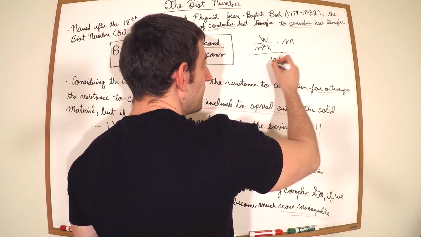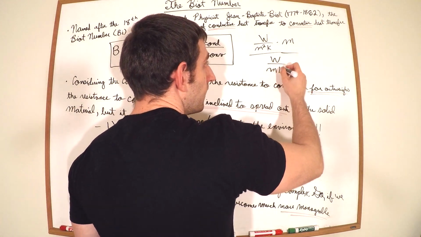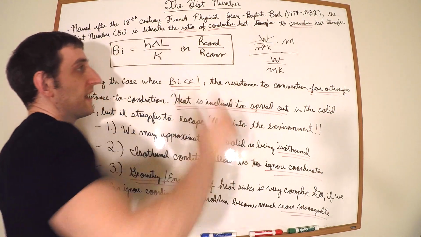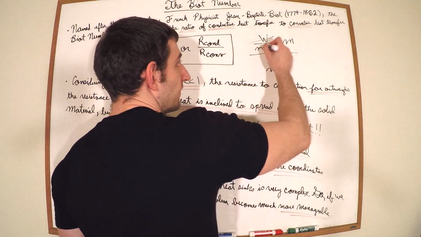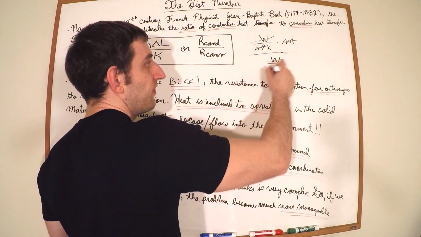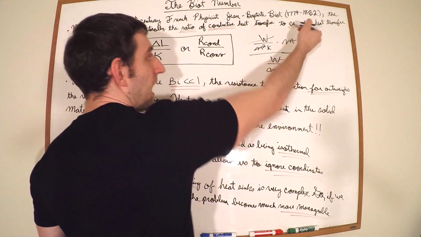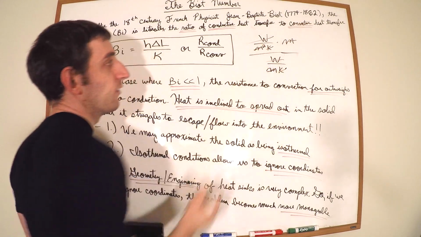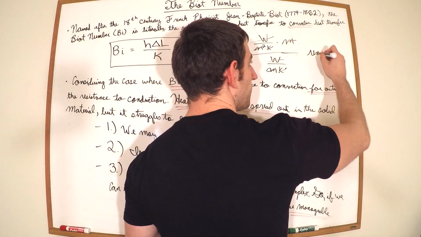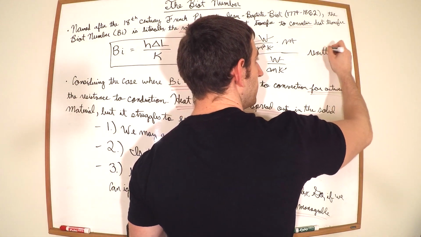If we take all the units, we see that the watts cancel, the meter squared cancels, the meters cancel, and the Kelvin cancels. In essence, what we get is that this is unitless.